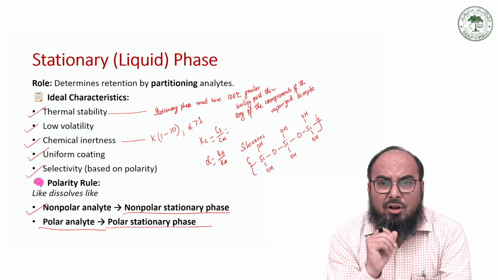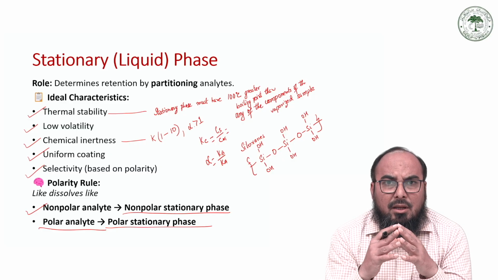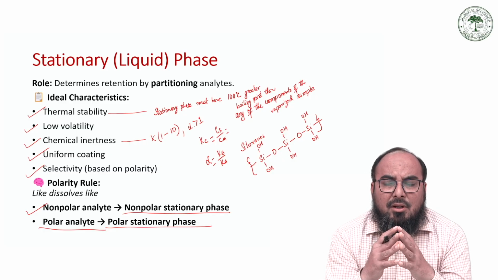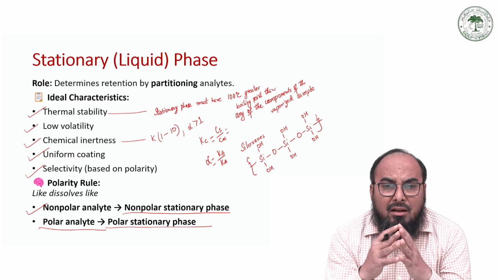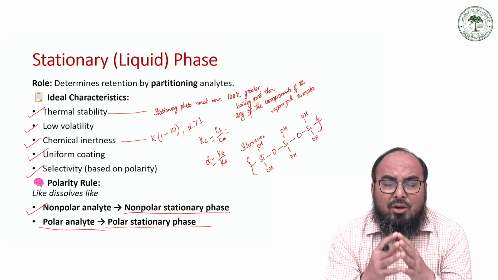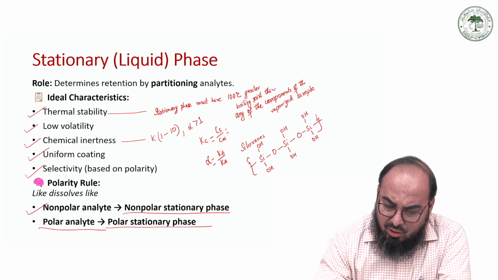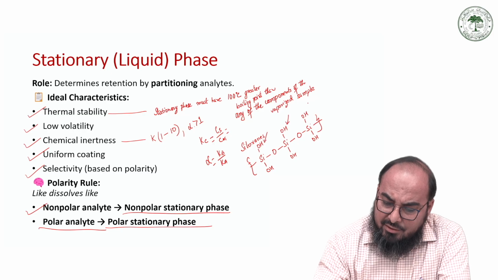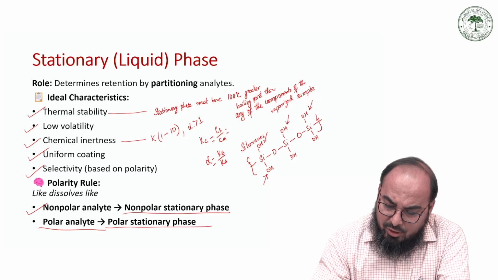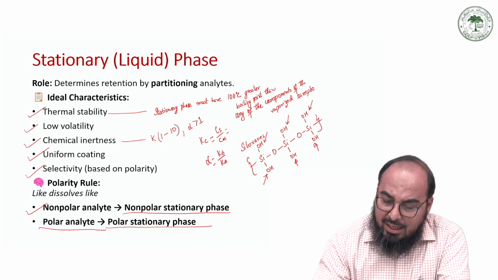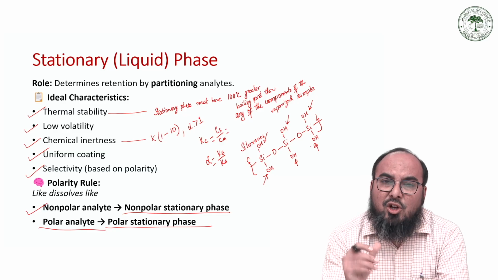Now this hydroxy group offers the interaction with polar compounds. So it offers high interaction with the polar compounds. Polar groups are going to interact with these, and now there are chances of adsorption.